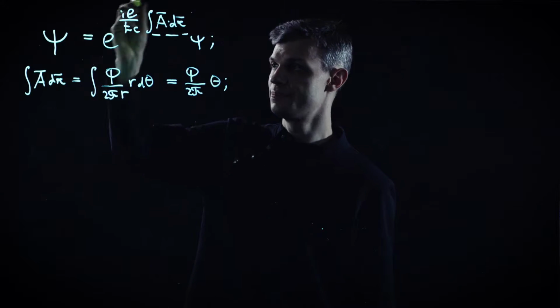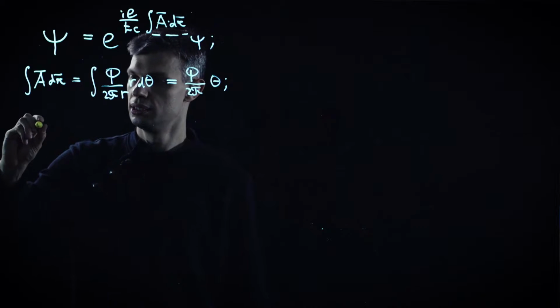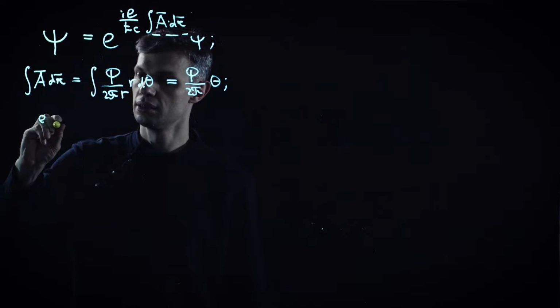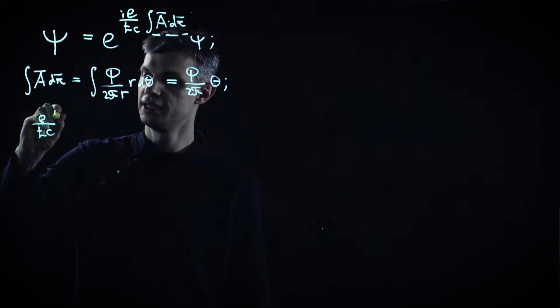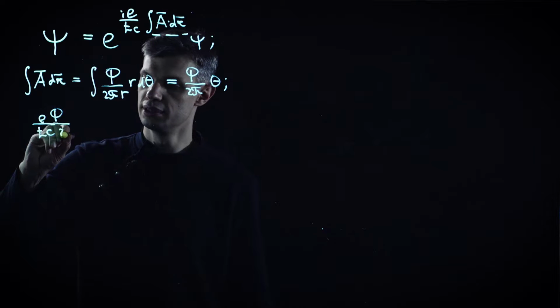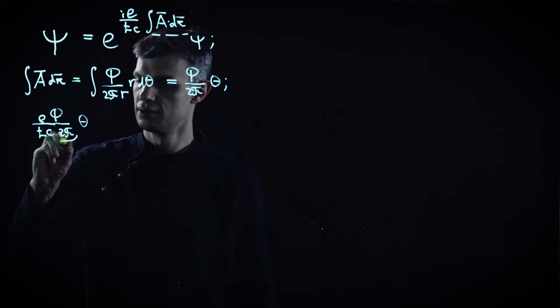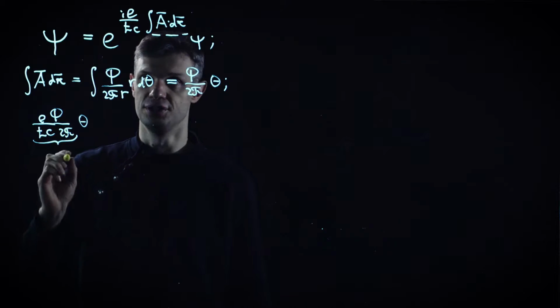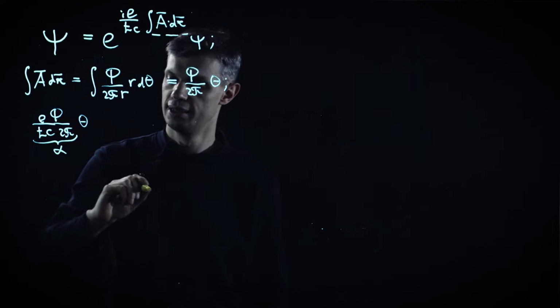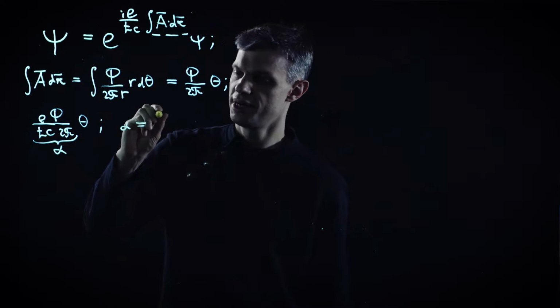So now the exponent of this exponential will simply become e over h bar c, phi over 2 pi, times theta. Well, let's call this prefactor alpha, and this alpha can be expressed as follows.